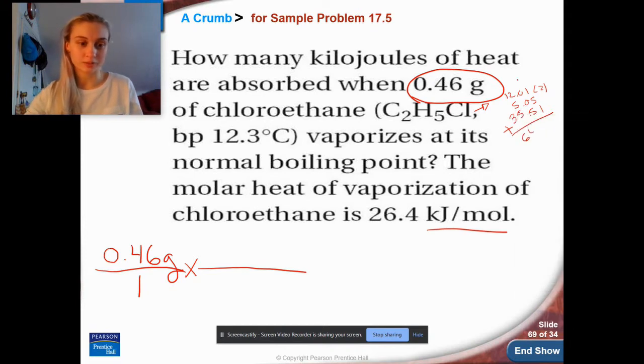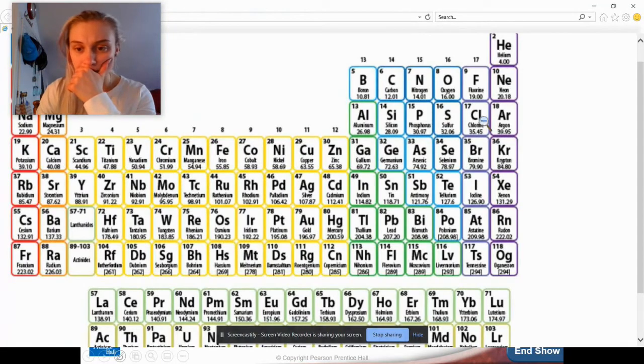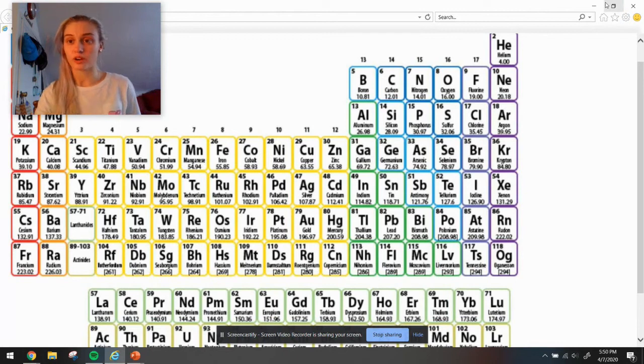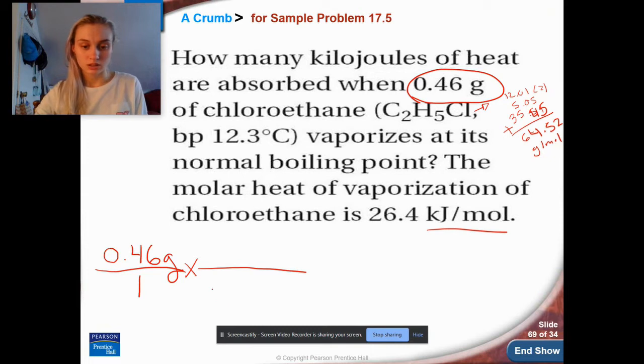Why don't I just look instead of being lazy? Chlorine is 35.45. So you end up getting 64.52, and that's grams per mole. And then I'm going to put my 64.52 on the bottom here. And then it's equal to 1 mole of this stuff on top.